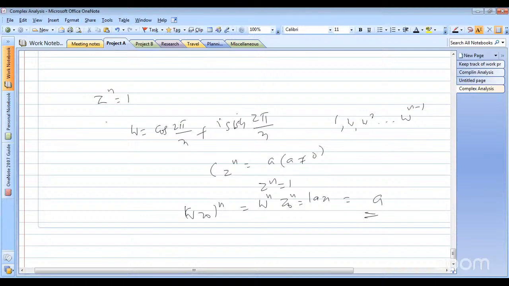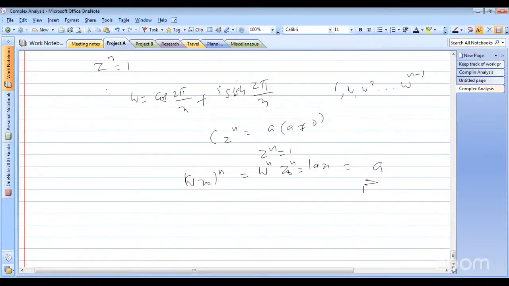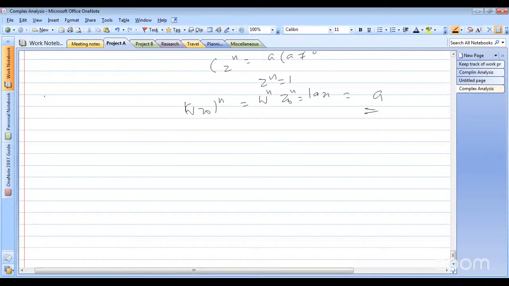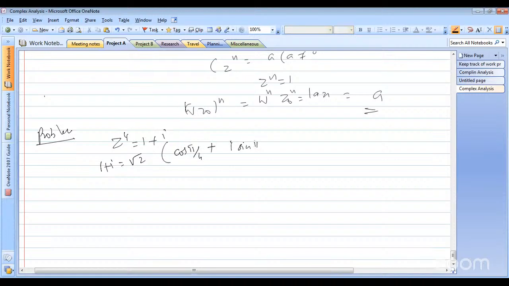So w z0 we are taking here. The solution of one problem we have to check: the solution of z^4 = 1 + i. So we obtain 1 + i = √2 (cos π/4 + i sin π/4).